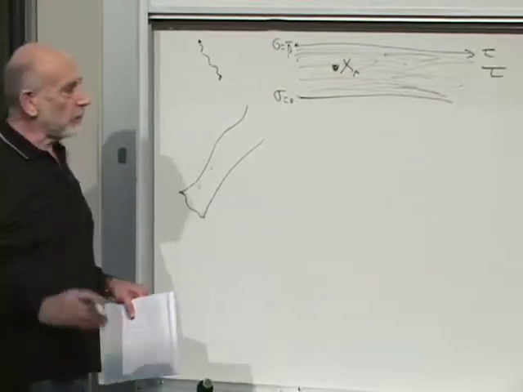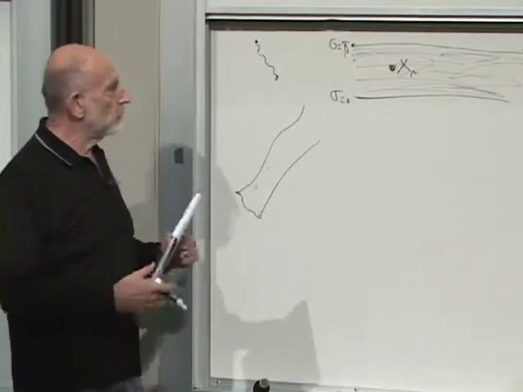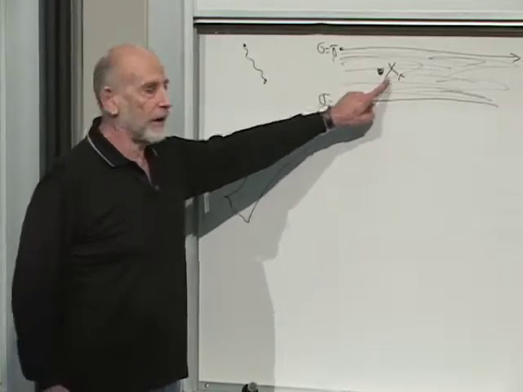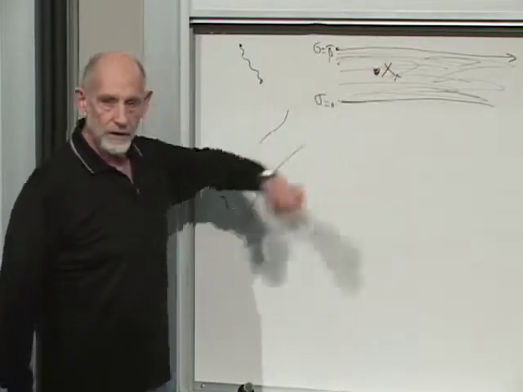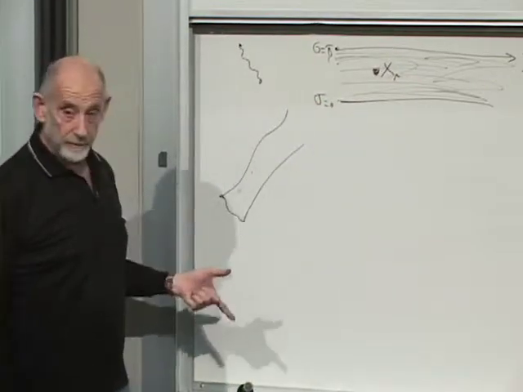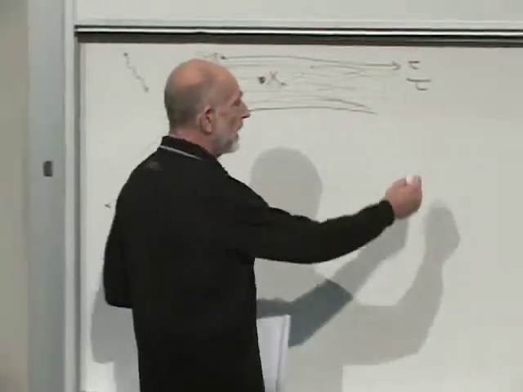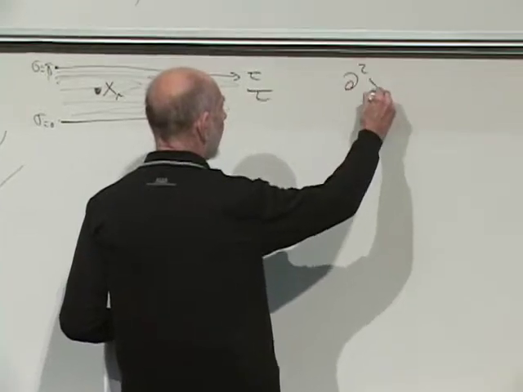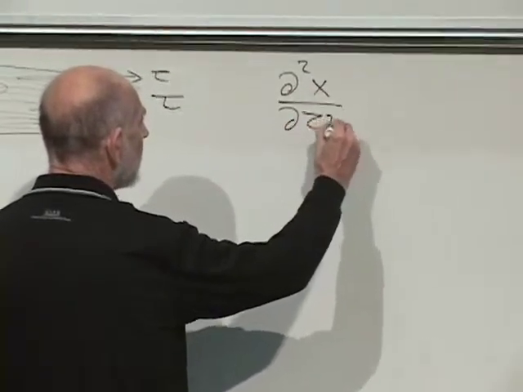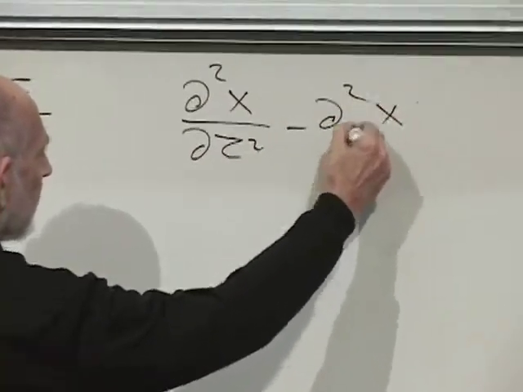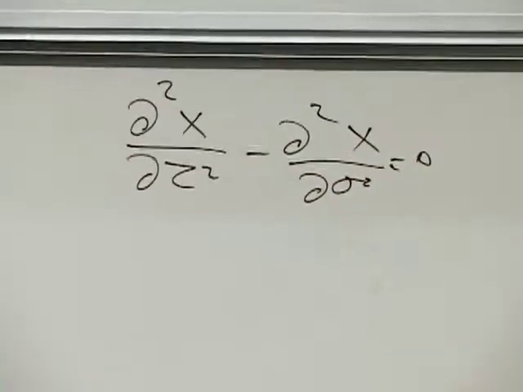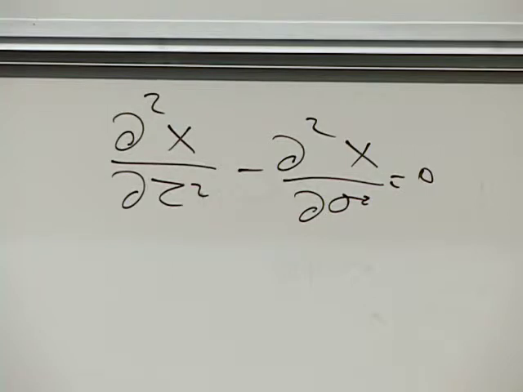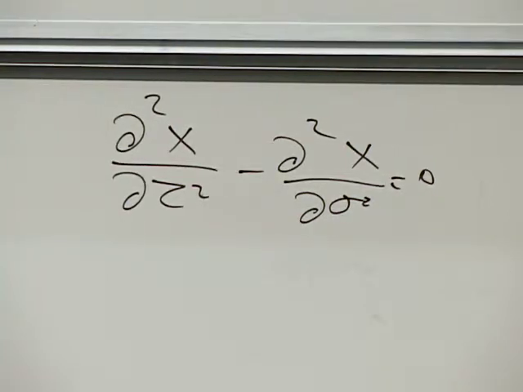And we've already worked out what the equations of motion of x are. They are the wave equations describing waves moving up and down the string. The wave equation, let's write it. It was d second x by d tau squared minus d second x by d sigma squared equals 0. That's the wave equation that described the oscillations of the string.